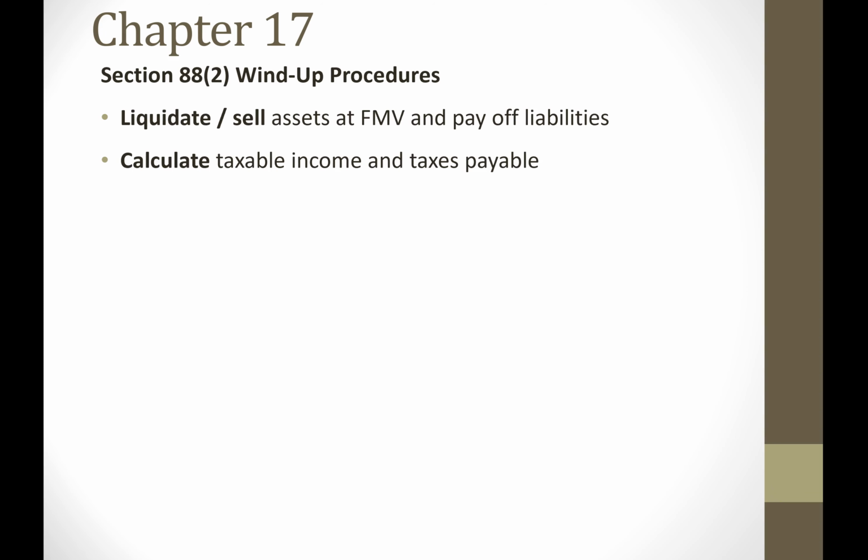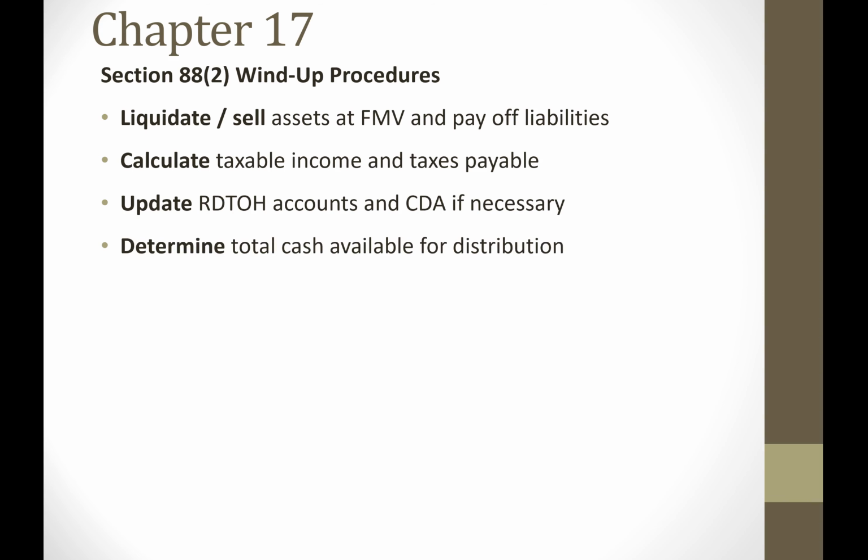So they're going to have to figure out what is their taxable income and figure out their taxes payable. Now, they should also update their refundable dividend tax on hand accounts and also the CDA if necessary. Remember, the CDA, the capital dividend account, if they have any taxable capital gains from the sale of those assets, the non-taxable portion would be added to the CDA.